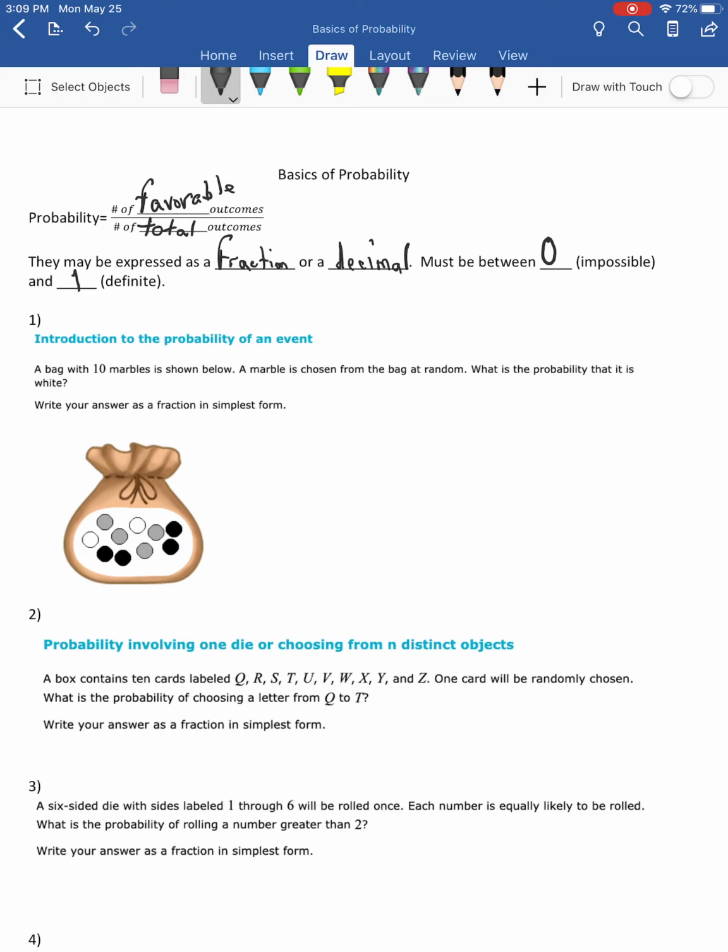Okay, let's take a look at some examples. A bag with 10 marbles is shown below. A marble is chosen from the bag at random. What is the probability that it's white?